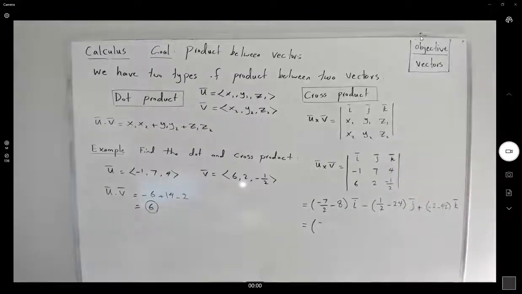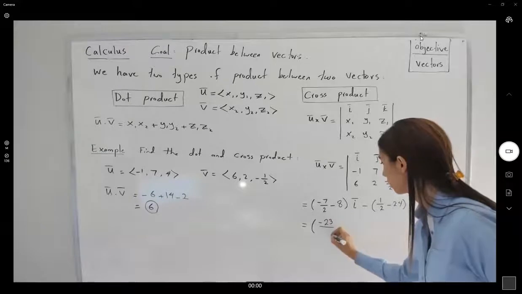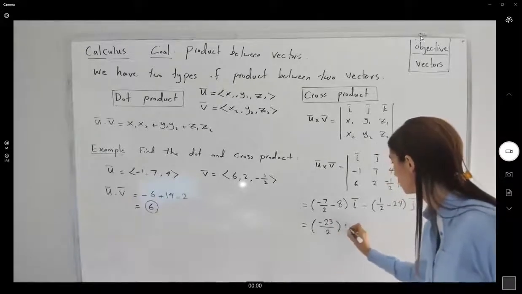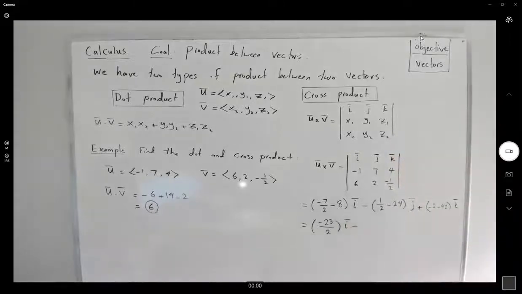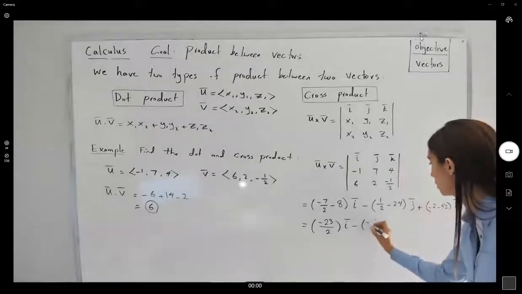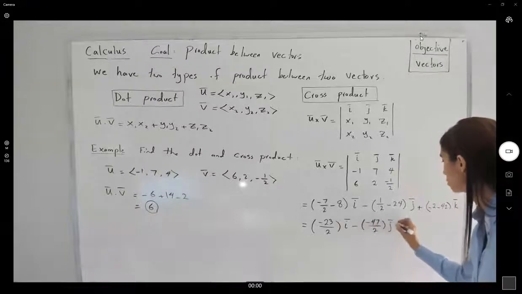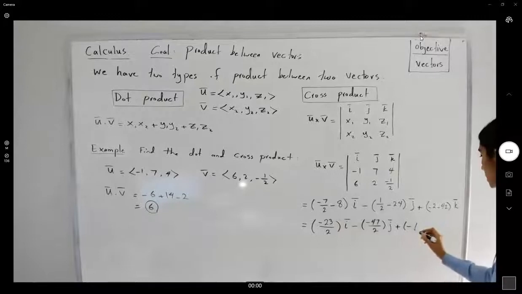So here we're going to have -23 divided by 2, i, minus, here we have 48, -47 divided by 2, j plus, here we have -44, k.